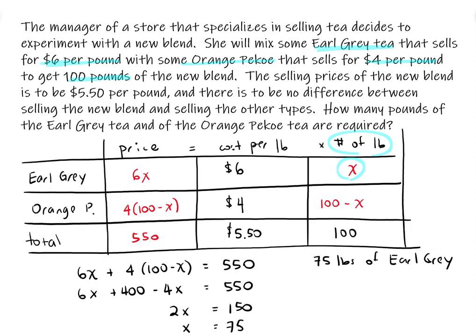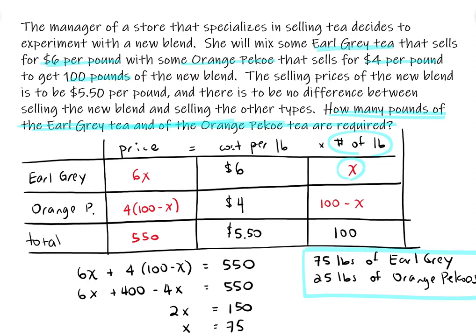Therefore, 100 minus 75 would give me 25 pounds of Orange Pekoe. Let's just double check. Did I answer the question that was asked? How many pounds of Earl Grey and Orange Pekoe are required? Yep, that's it. So I'm going to say that's my answer.